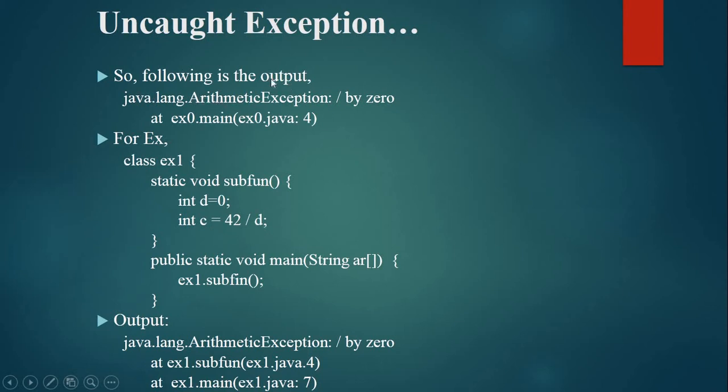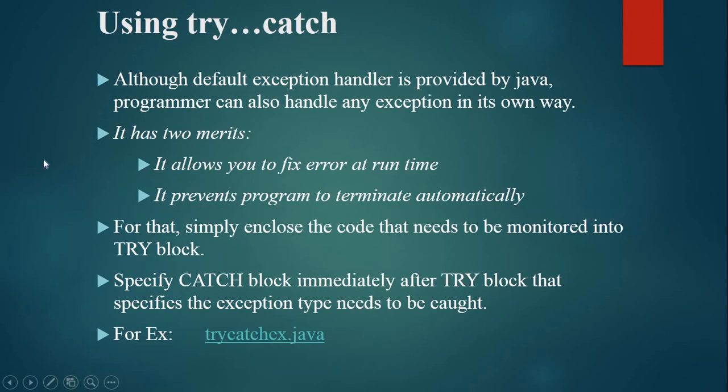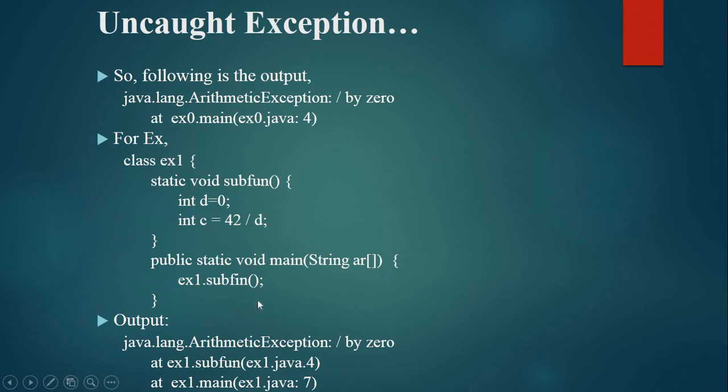So our output will be something like this: java.lang.ArithmeticException. Why? Because divide by 0 is not possible. Okay. So this was an uncaught exception, because we have not implemented any try and catch block here. We can catch the exception using try and catch.